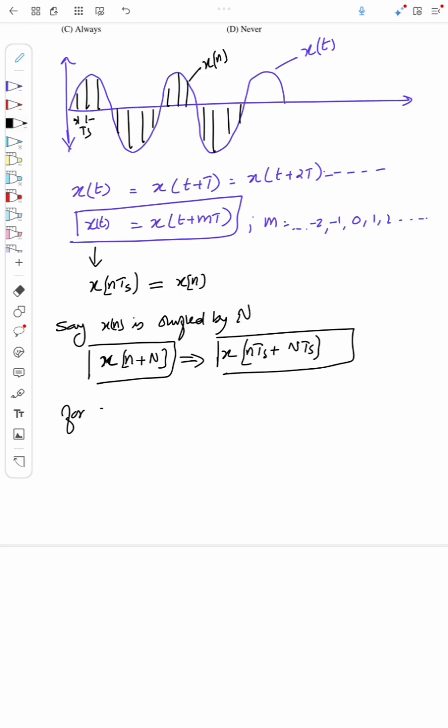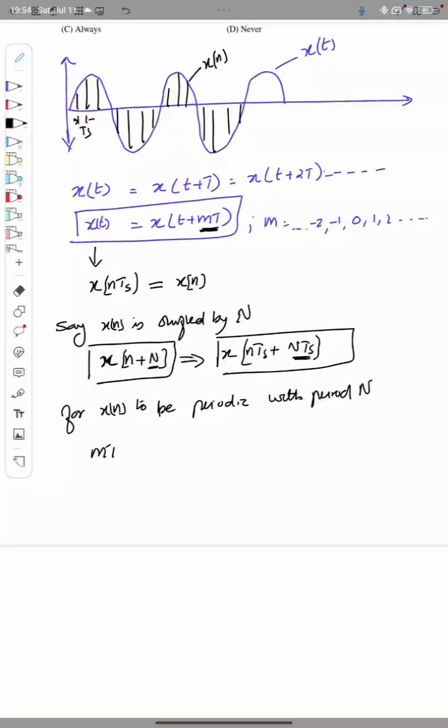Now for x of n to be periodic with period N, this term should be equal to this term, right? So x of n, the sampled signal, is a sampled version of x of t, and this x of t is already having a period T, and this signal should be periodic with period capital N. For that, mT should be equal to NTs.